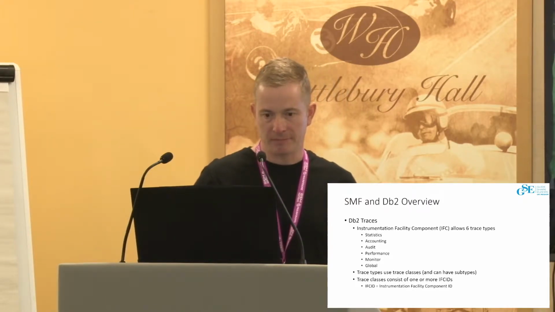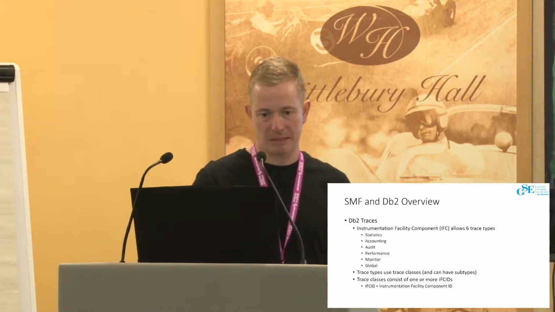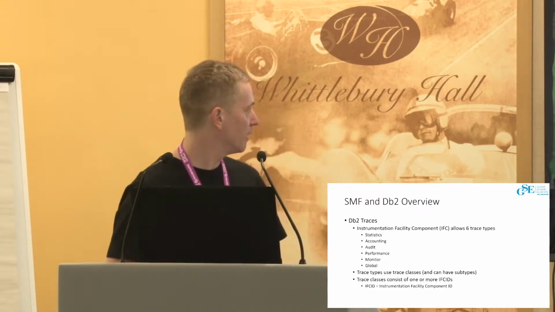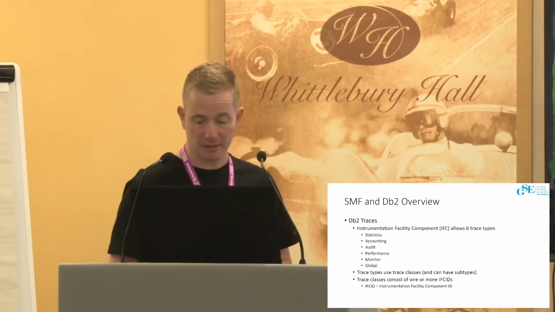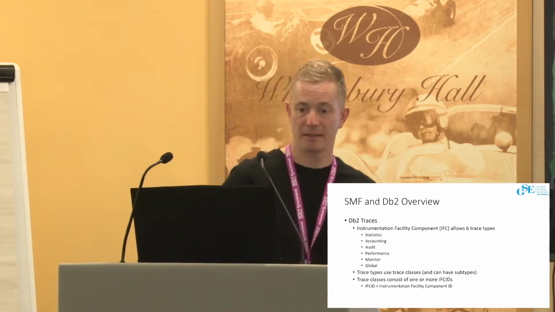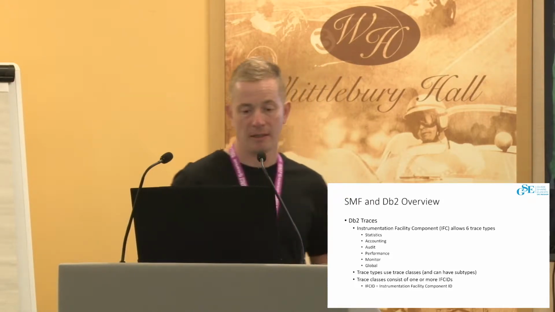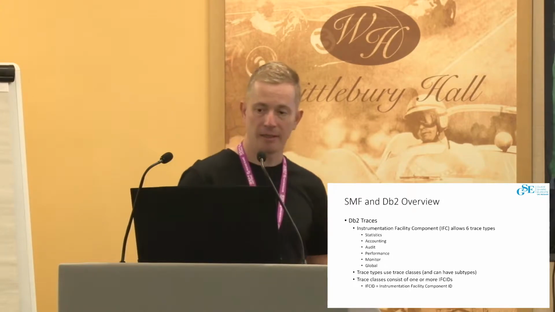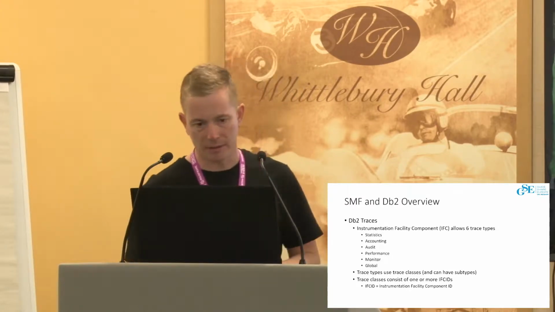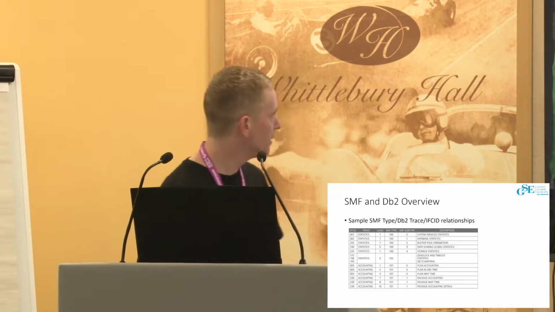So, those are the different trace types, and under there are trace classes. Trace classes consist of IFCIDs, so instrumentation facility component IDs. There's a little graph here about how these can interact.